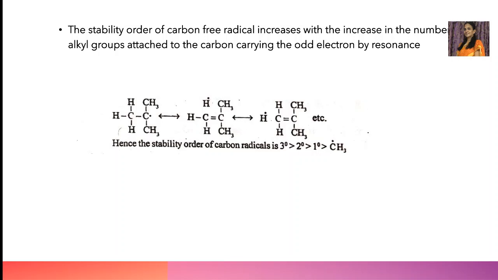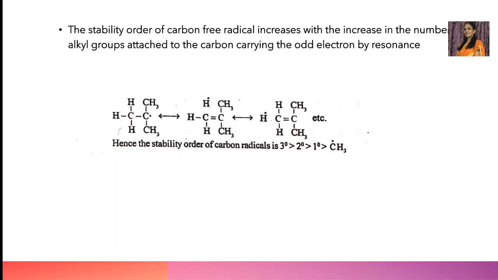So this is a tertiary carbon free radical, which has more resonance structures due to delocalization of the unpaired electron present on the carbon atom. Thus, it is more stable when compared to a secondary free radical.